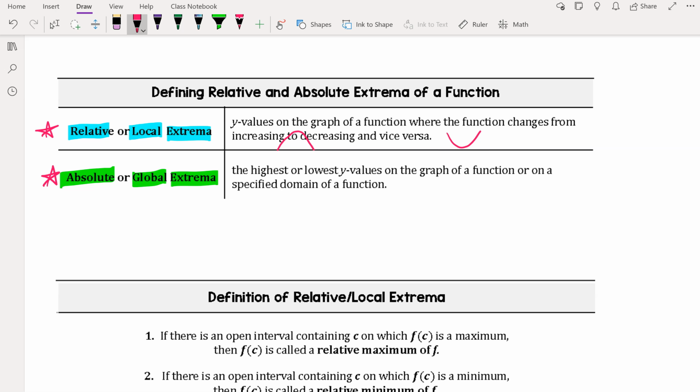Absolute and global extrema are the highest or the lowest y values: the absolute max, the highest max on the graph of a function, or the lowest min on the graph of a function. And then I want you to add 2 notes.